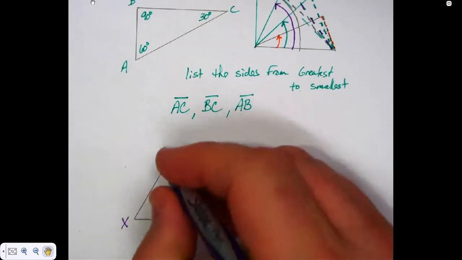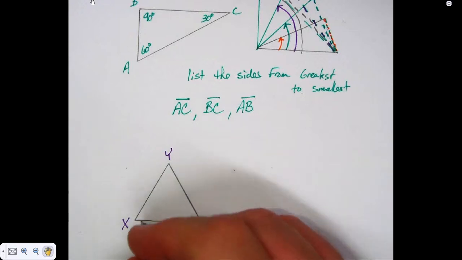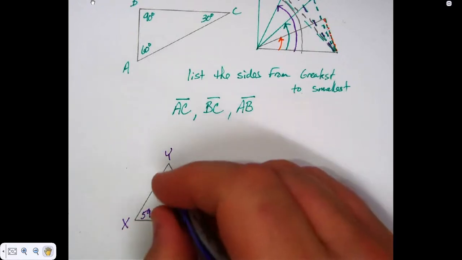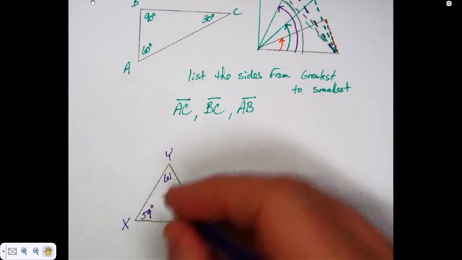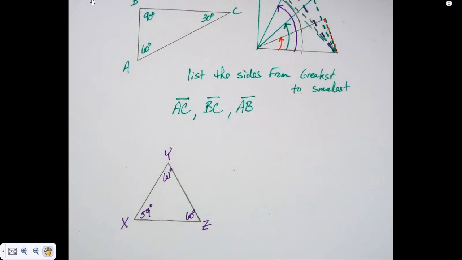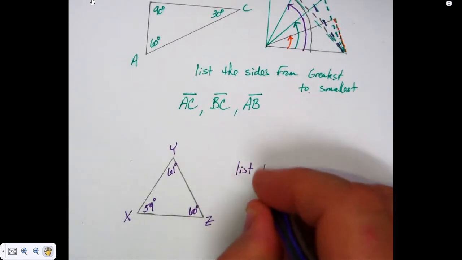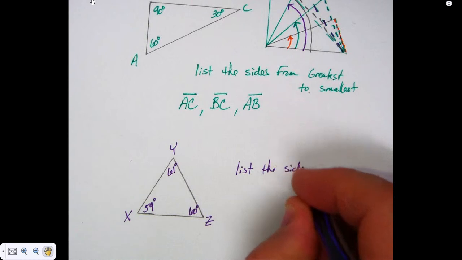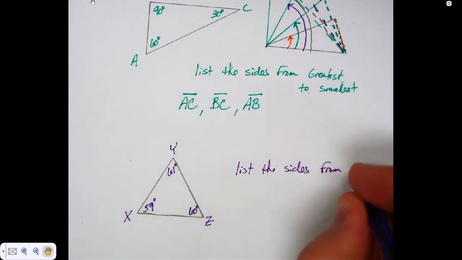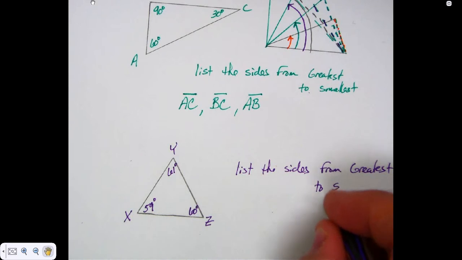Say this is X, this is Y, and this is Z. This angle is 59, this angle, 61 degrees, and this angle is 60 degrees. List these sides from greatest to smallest.